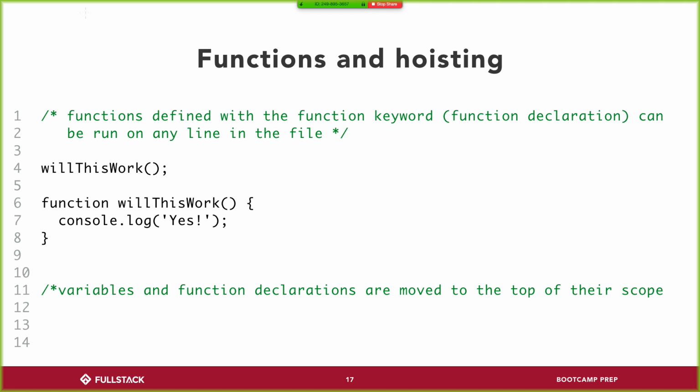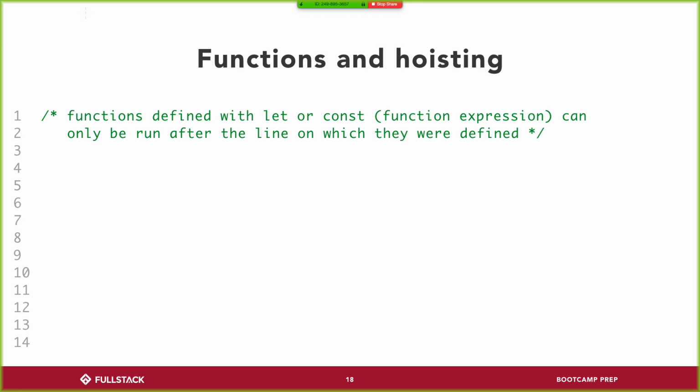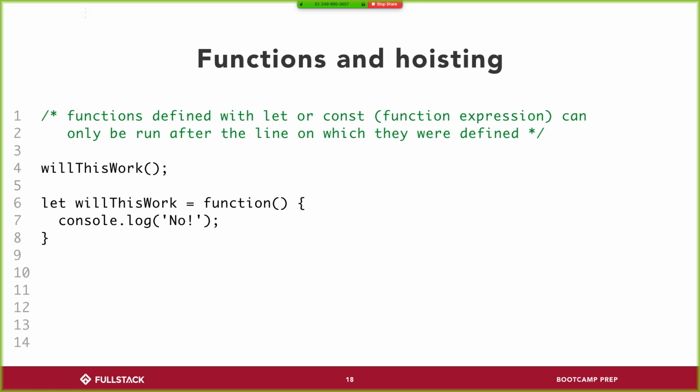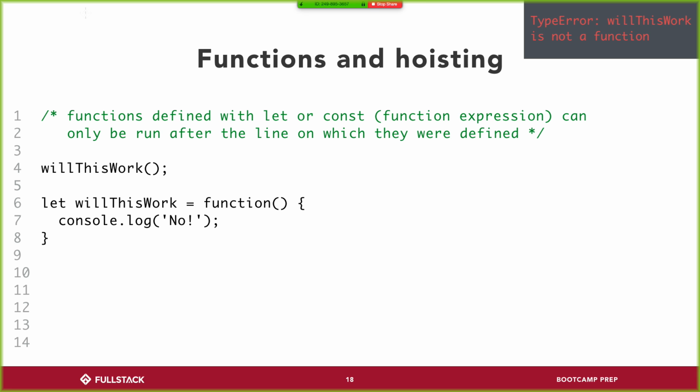Variable declarations are moved to the top of their scope when you use var. We just saw previously that when we use let, that didn't happen. Here it's saying functions defined with let or const can only be run after they're defined. This is a little more strict, so this won't work because let isn't hoisted.